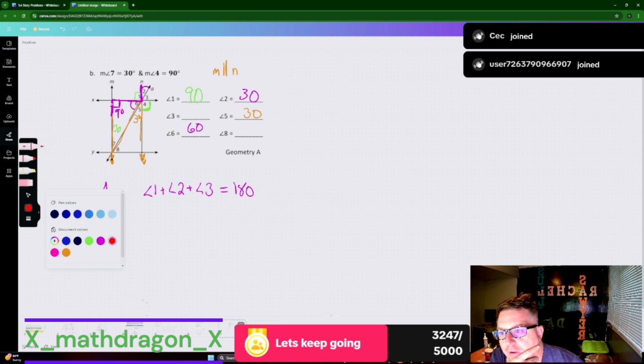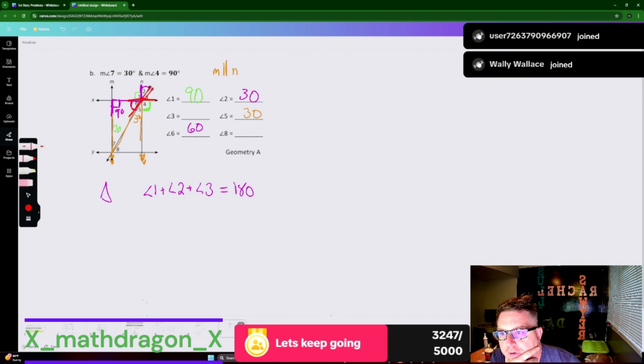Then we're looking at angle 3 should be equal to angle 6 because these are vertical angles as well, straight across from each other. So angle 6 is 60, which would make angle 3 60. And then angle 8.